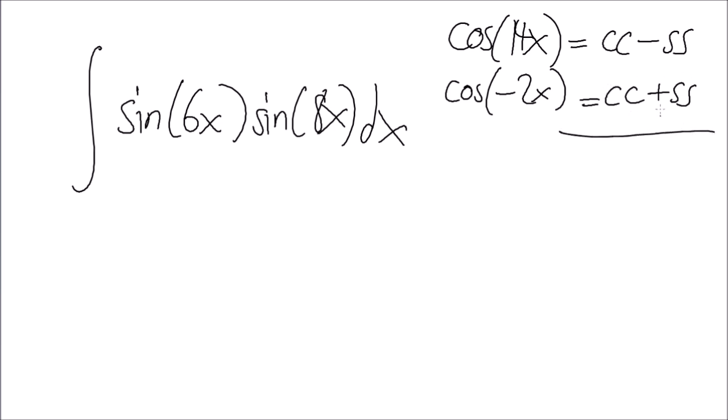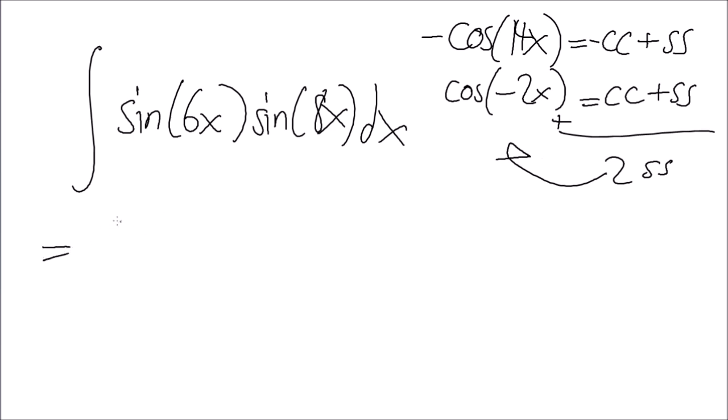So we can't just add, because that will cancel out sine. We want to cancel out cosine. Well, in this case, that means we would have to make this negative. Now this is negative, and this is positive. Now we can add. We get 2 times of this, and then we just have to divide by 2.